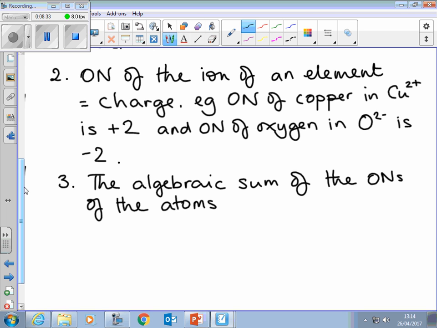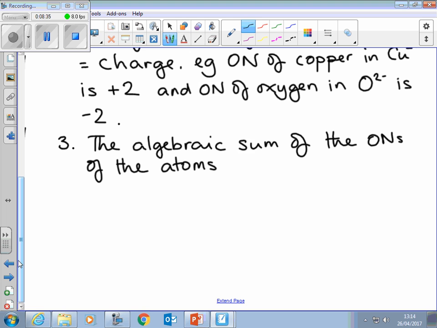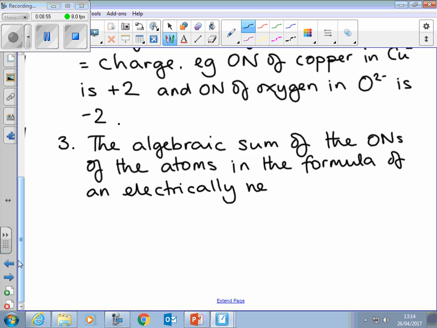So the sum of the oxidation numbers of the atoms in the formula of an electrically neutral compound, so you can't have any charge on it, is 0.